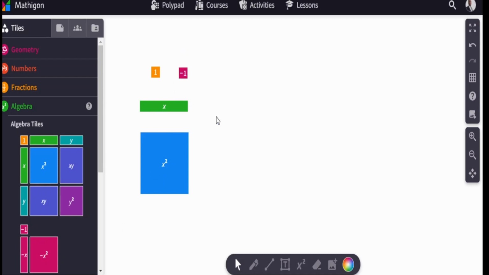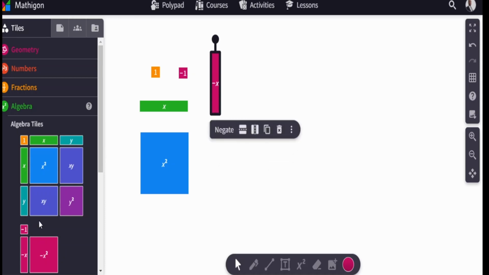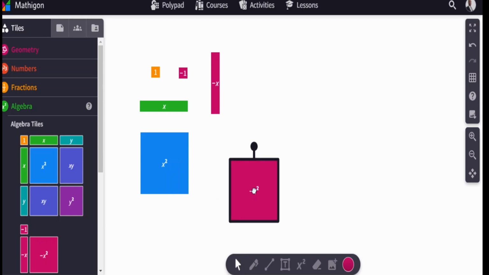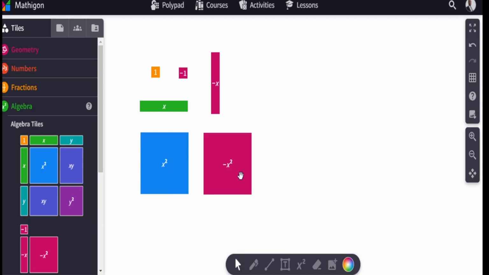For the X tile, the green color is positive x, and when we flip it, we have negative x. Then the X squared tile: the main color, which is blue, is x squared, and when we flip it, we get negative x squared.